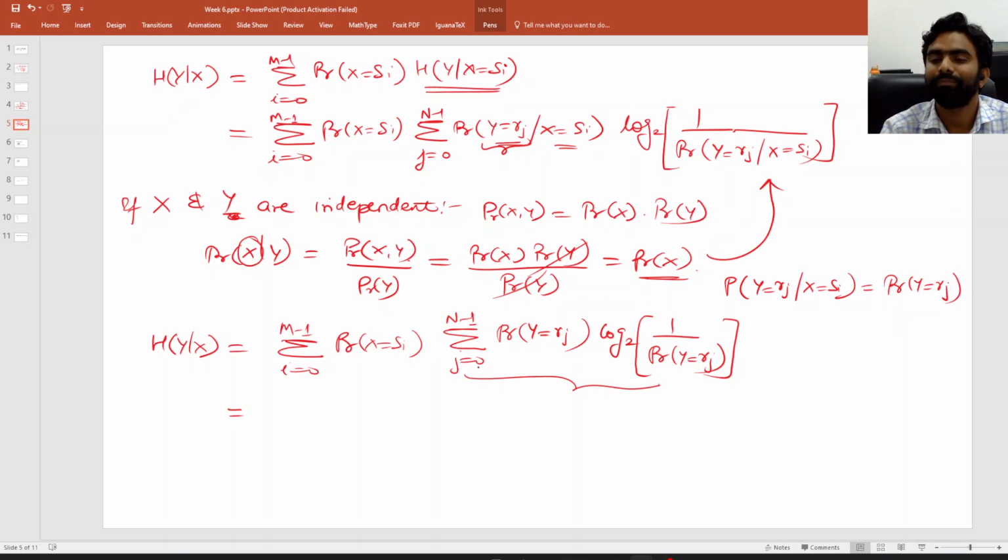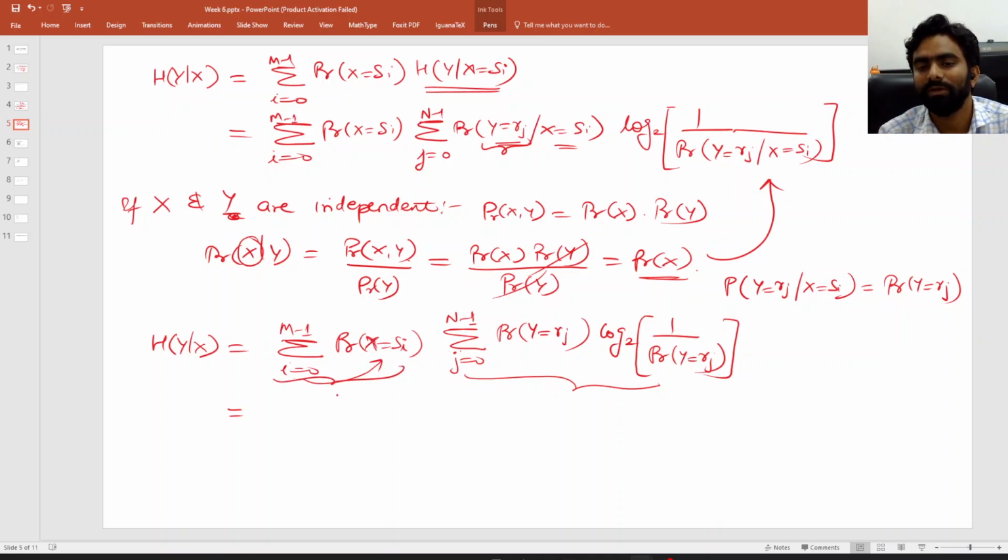Now you see that the summation over j will be applied to this only, and the summation over i will be applied on this only, because i is here only. So this is i equal to 0 to m minus 1 of the probabilities. The sum of all the probabilities will be 1.